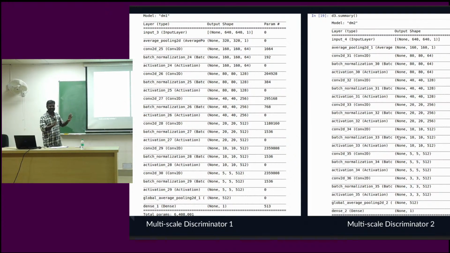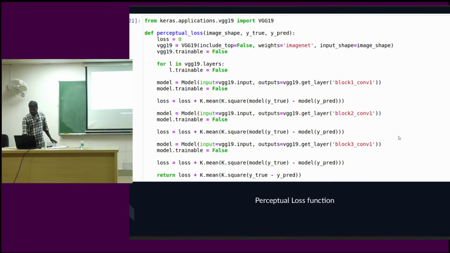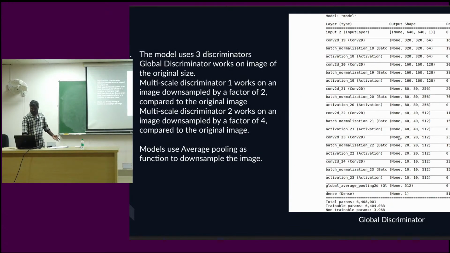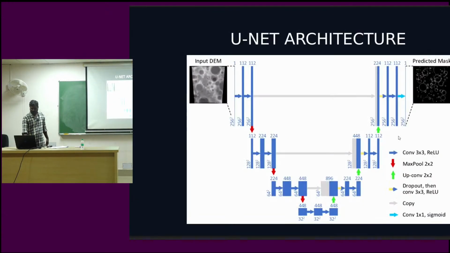We don't know why they chose that. The student just implemented the paper, and he has used the three discriminators to handle different resolutions. So this is the code. You can see this.